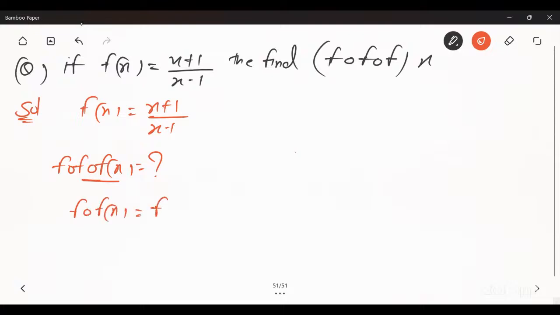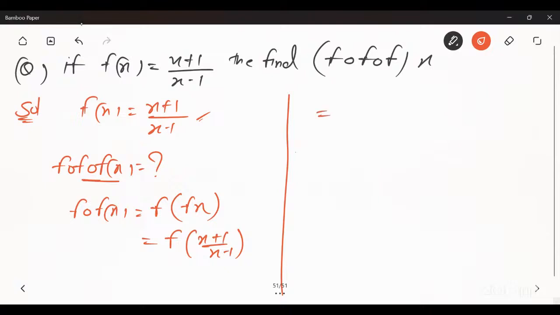f of f(x) means f(f(x)). So what is the value of f(x)? (x plus 1) upon (x minus 1). Now f of x means you have to put this value (x plus 1) upon (x minus 1) in place of x. So you will get ((x plus 1) upon (x minus 1) plus 1) upon ((x plus 1) upon (x minus 1) minus 1).